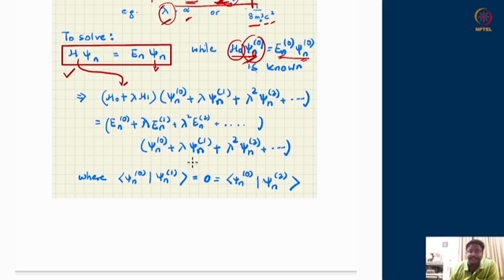Now, it is very important to note in this description that we are assuming that these correction terms psi n1, psi n2 are already orthogonal to the previous eigenstates. Whatever we are adding to the previous eigenstates, those corrections are perpendicular or orthogonal to the previous eigenstates.